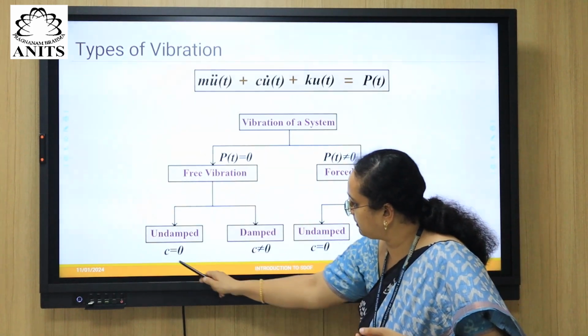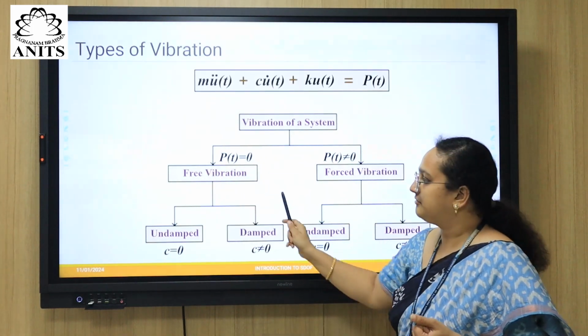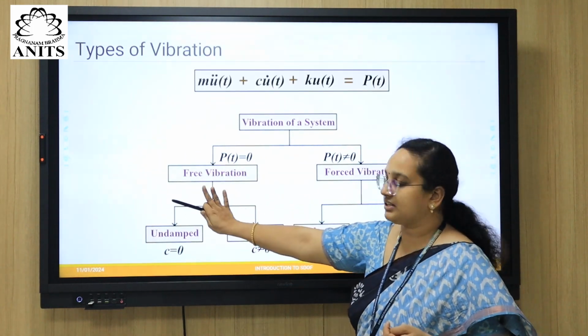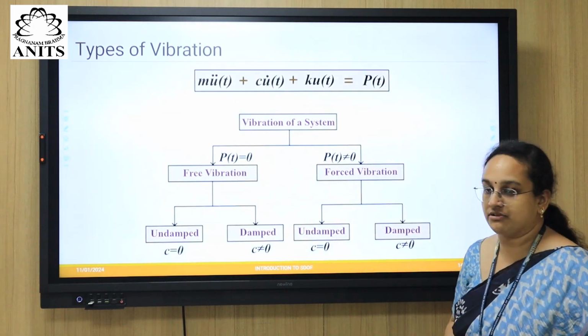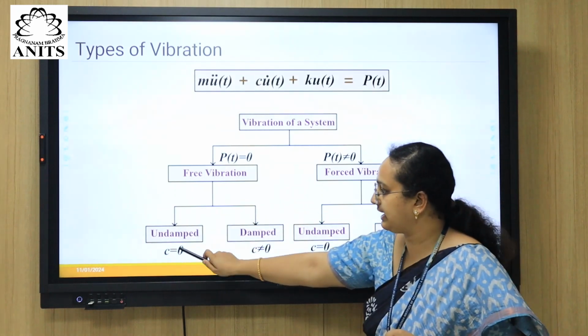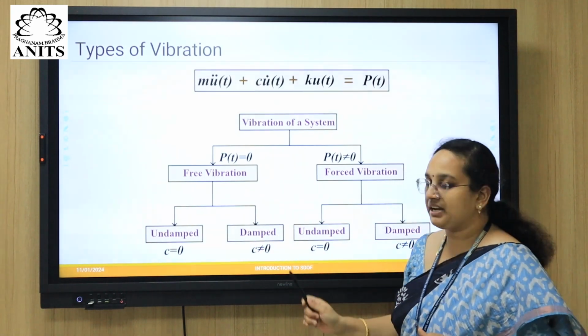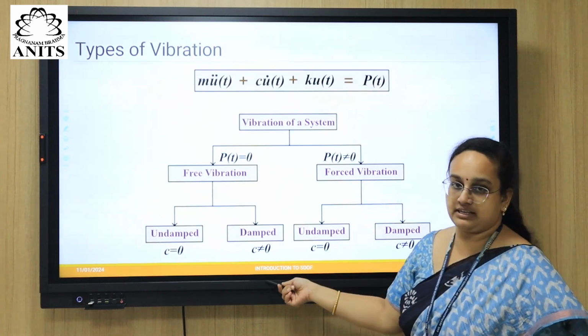Now this is completely a simplification aspect. To understand the system parameters, free vibration is required. Once you understand the free vibration, then the forced vibration can be easily understood. Now in free vibration also there can be two cases: undamped and damped. Damping, as I have told, can be neglected sometimes and cannot be neglected sometimes.